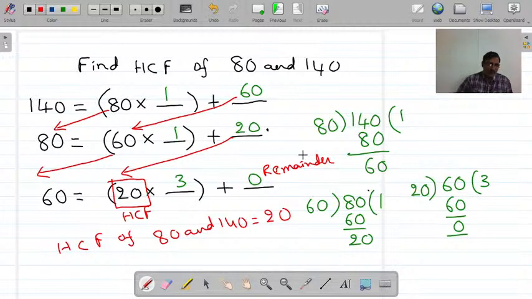In a particular situation, at whatever step the remainder becomes 0, at that time the divisor will become HCF. This is the principle, and you can see that the division algorithm which we learnt, we are making use of repeatedly for Euclid's algorithm. That's it.